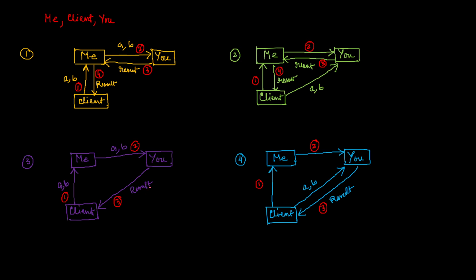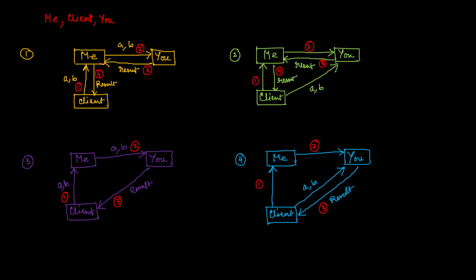So that means these 4 cases we can actually categorize in two ways. In each and every category, two cases will come. And what are the ways of categorization? One is the communication from me to you, and one is communication from you to me.